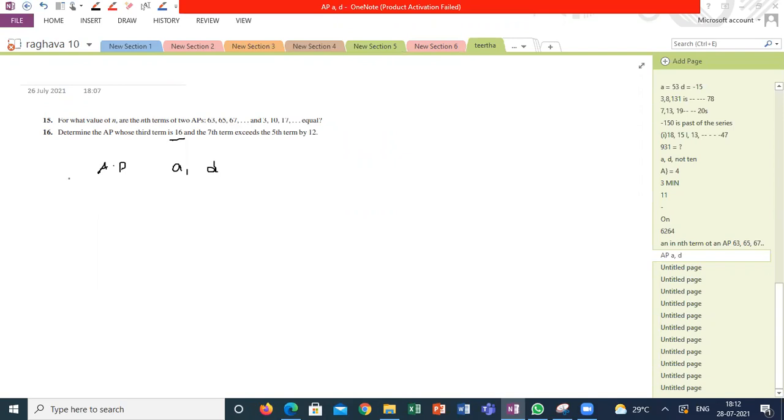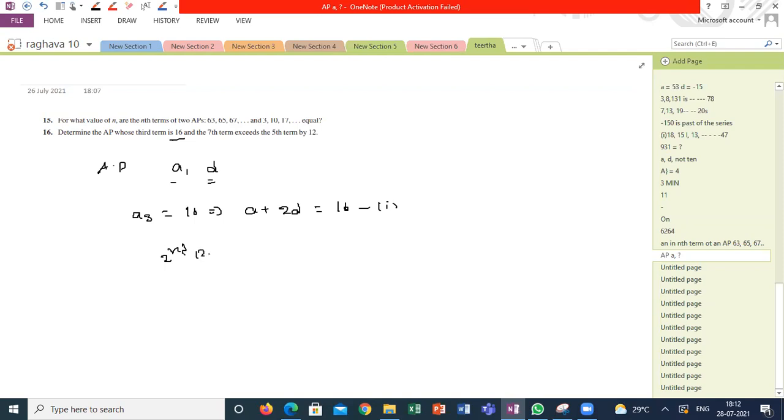Sorry guys. Determine the AP whose third term is 16 and whose seventh term exceeds the fifth term by 12. I'm taking the first term of the AP as A and common difference as D, and the third term, that is A3, is 16. That is A plus 2D is 16. This is my first relation. What is the second relation?